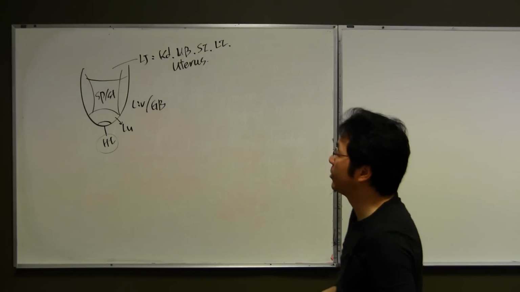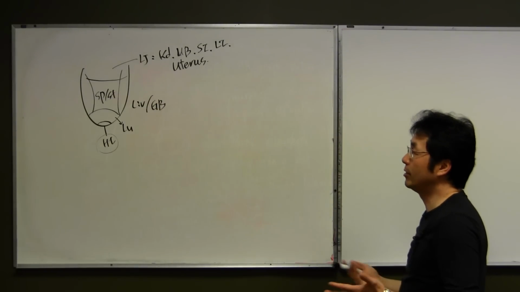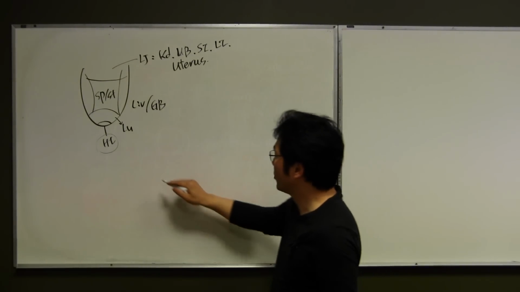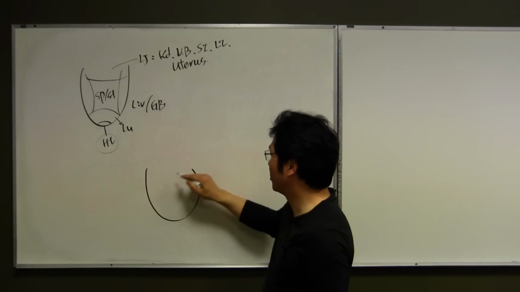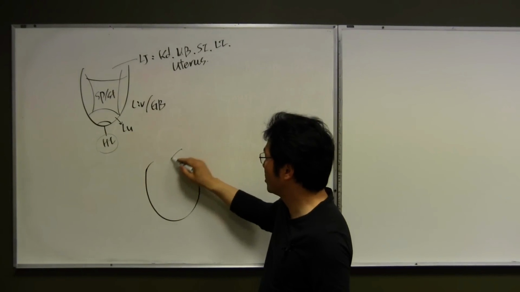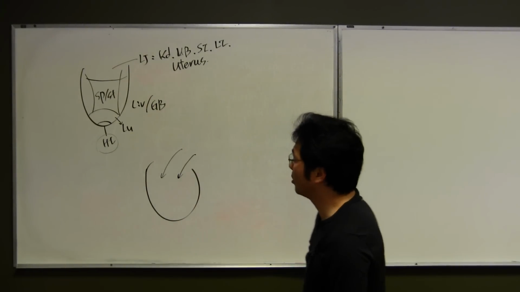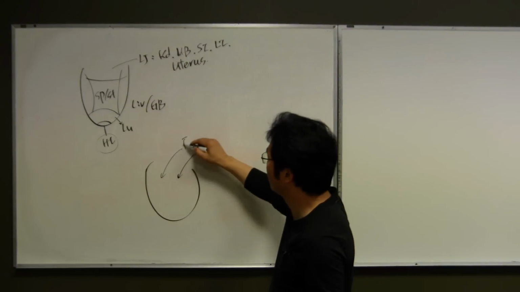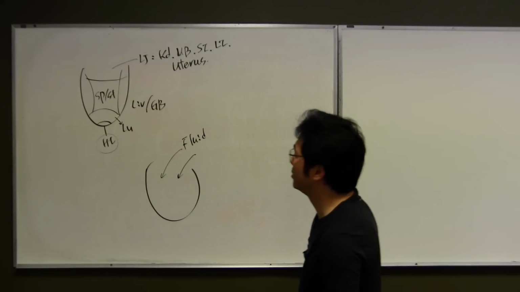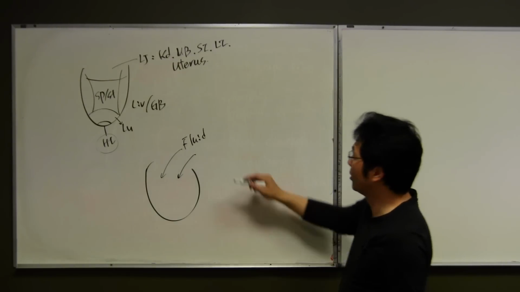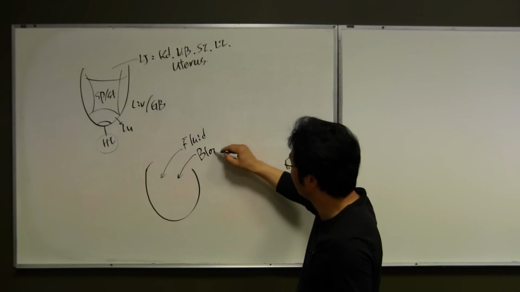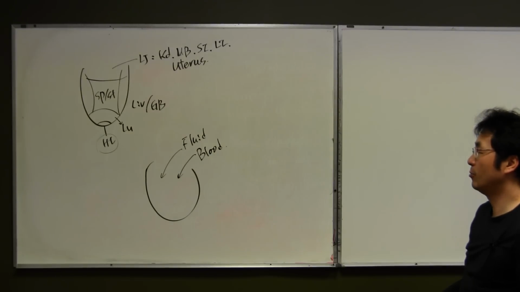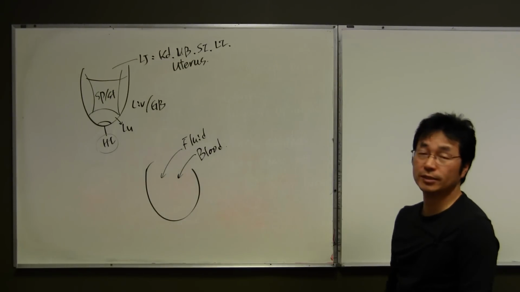So this is one picture of the tongue, but when you're trying to understand the swelling of the tongue, think about something. It means something goes into the tongue body that makes a swollen tongue. The first one is fluid. And another one is blood, which can also flow into the tongue body, and the tongue body becomes swollen.